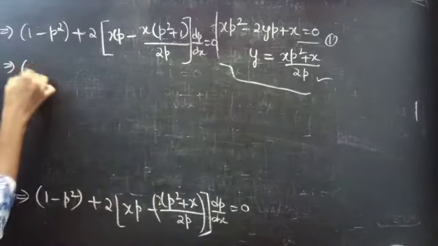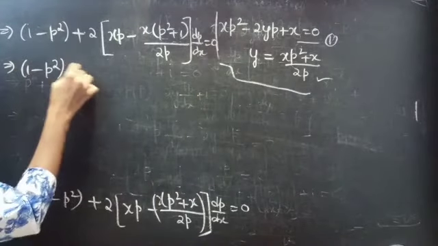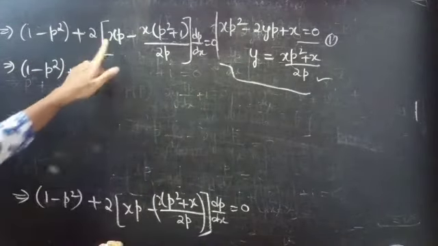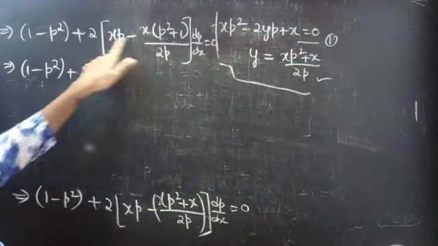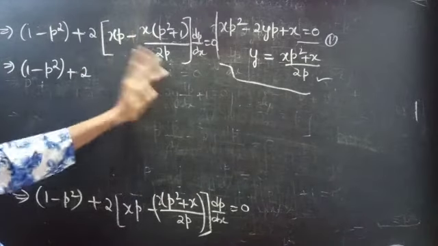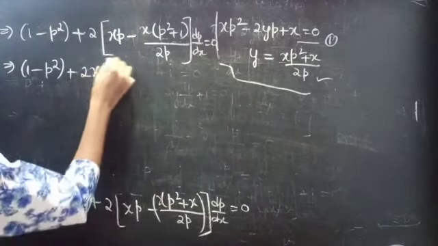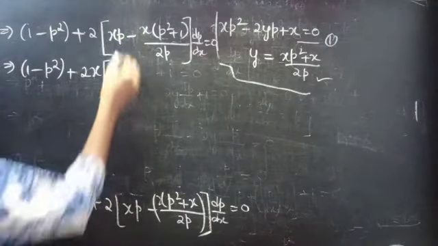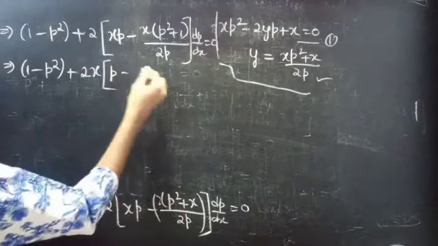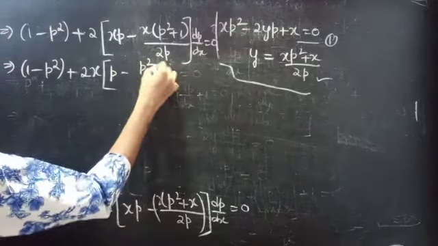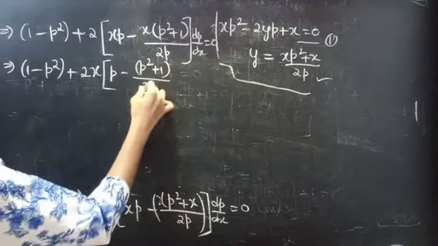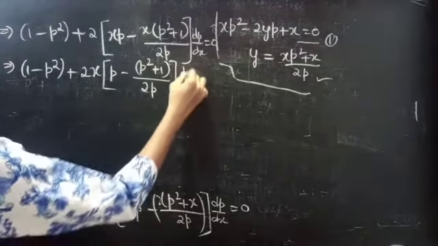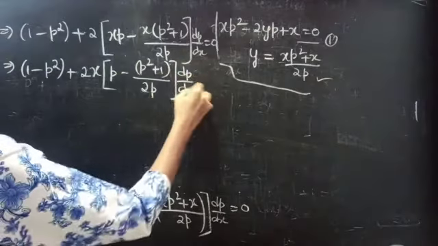Then 1 minus p square plus 2 into, you're having x in both the terms, again take x common from these two terms. You'll get 2x times (p minus (p square plus 1) by 2p) into dp by dx equals 0.